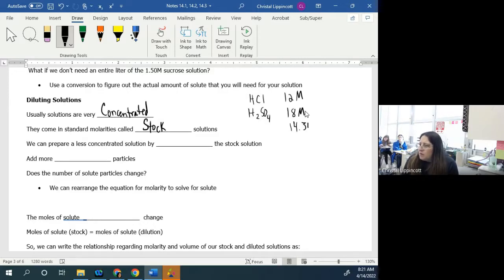So they come in at different molarities. The nice thing about this, the reason why you want them to come in at these high molarities, is because I can dilute this down to any molarity I want, but I can't go backwards. So if I got hydrochloric in at 1 molar, I can only go down from that. I wouldn't be able to go back up and get 12 molar.